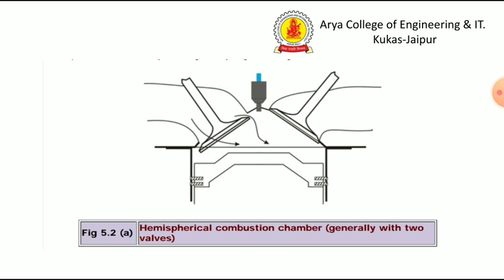The hemispherical combustion chamber may employ multiple valves, but the two valve configuration is more common, as it is difficult to accommodate four valves at the necessary valve positioning angle. The valve heads along with the surface of the combustion chamber form a profile that looks like a hemisphere.